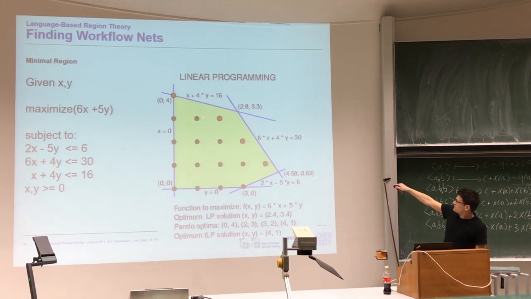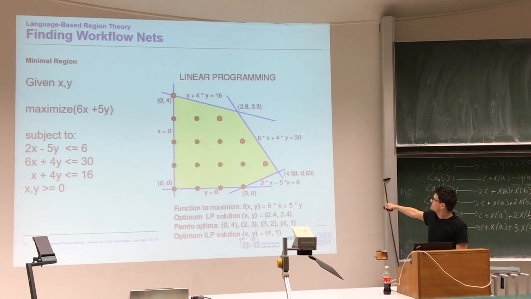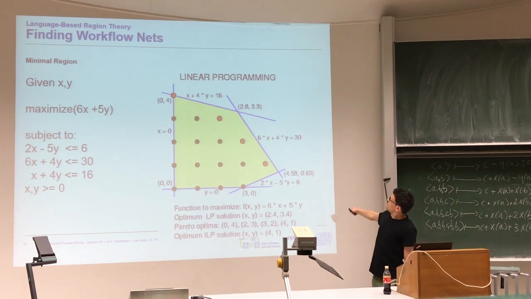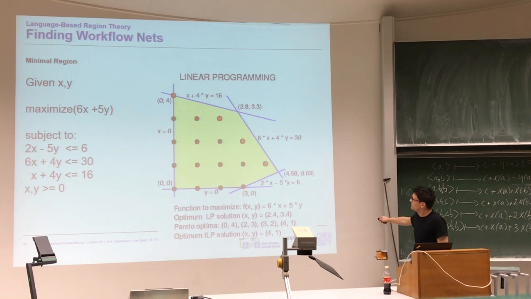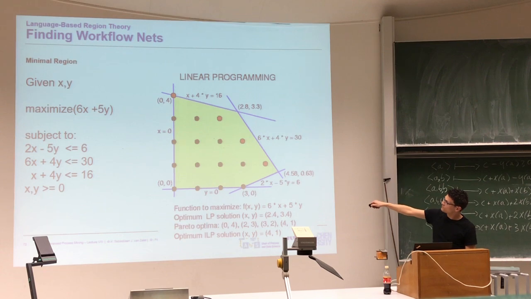4, 1 is 1, 2, 3, 4. Okay, I didn't count that, but anyway, you get the point. This yellow surface is the set of all possible solutions in the real space that adhere to the constraints.